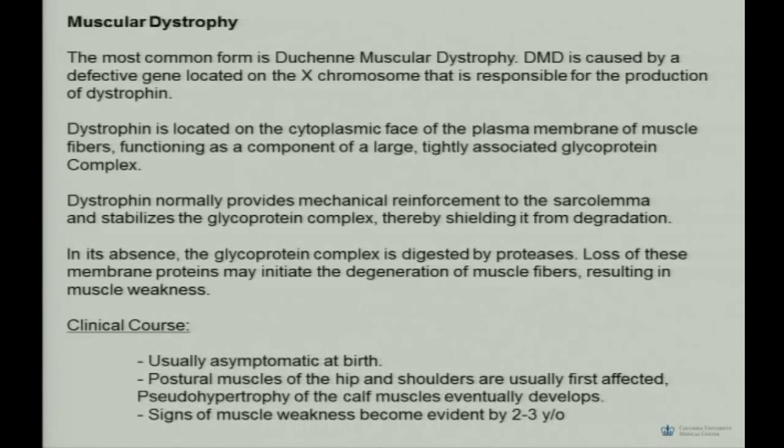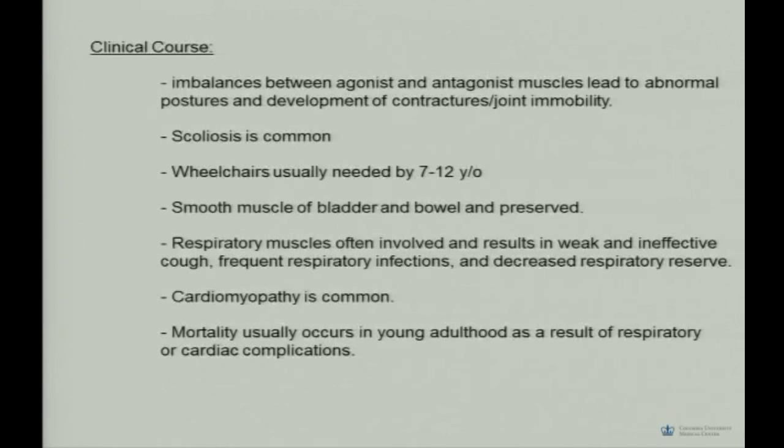And because those postural muscles are affected, their posture tends to take on a stereotypical abnormality. Okay. So the main problem that occurs, especially early on, is that you start to see this imbalance between antagonistic muscle groups.